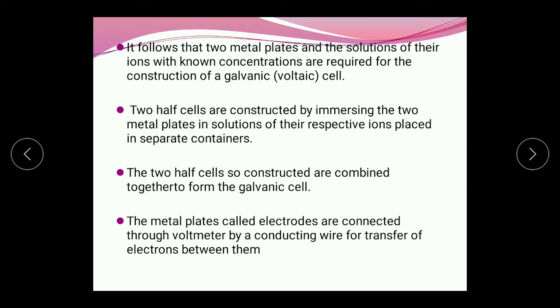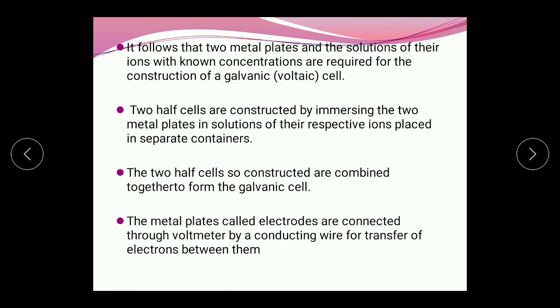The two metal plates are called electrodes and they are connected through a voltmeter by a conducting wire for transfer of electrons between them. In electrolysis, we connected a battery to two metal electrodes by using wires; in the same way we are going to connect these two metal electrodes or metal strips by conducting wires through a voltmeter.